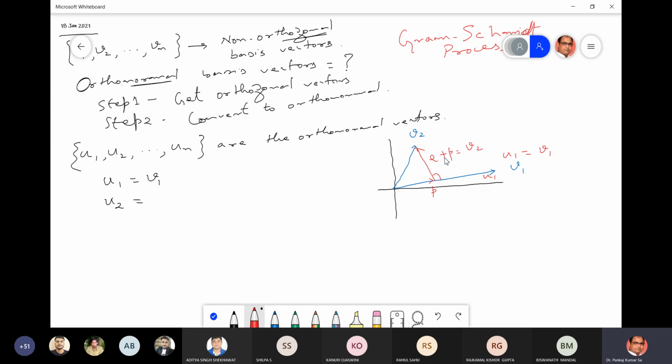Now what is this U2 actually? U2 is nothing but this E. E plus P is equal to V2, so U2 is equal to V2 minus P.